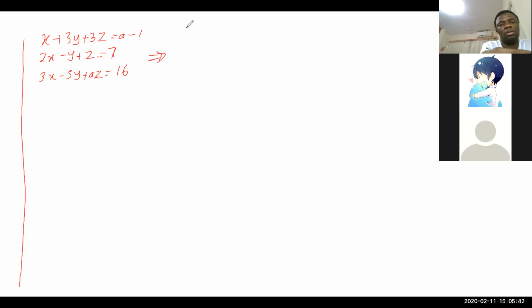So in augmented matrix form: 1, 3, 3, a minus 1; 2, negative 1, 1, negative 7; and 3, negative 5, a, 16. So what can we do to this?